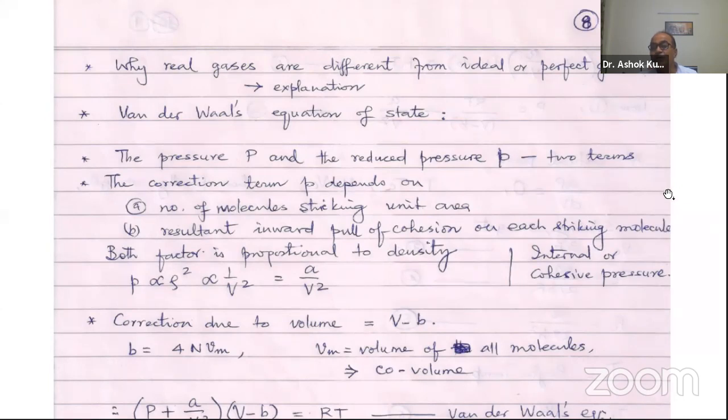So the momentum imparted to the wall is actually less than it should have been, because this molecule is being pulled back, and even then it has struck the wall.